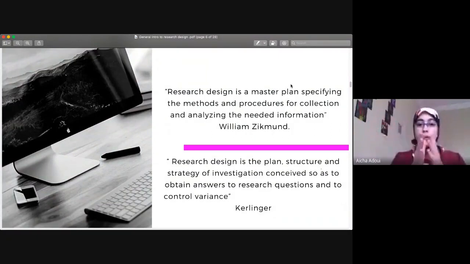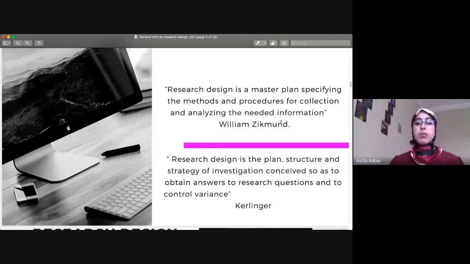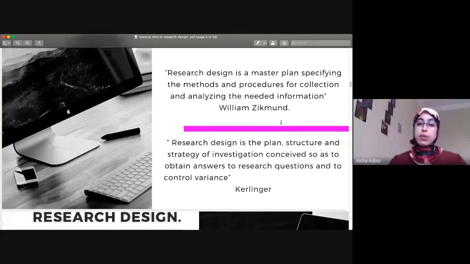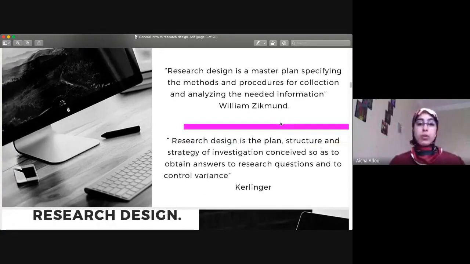If you do not have a master plan and a clear path of what you want to do with your research, it is not going to work. Okay, so there has to be a clear path, a clear plan that you are going to follow, a step-by-step of everything that you aspire to discover throughout the research process or the research years. For instance, we're spending here doing our doctoral studies.